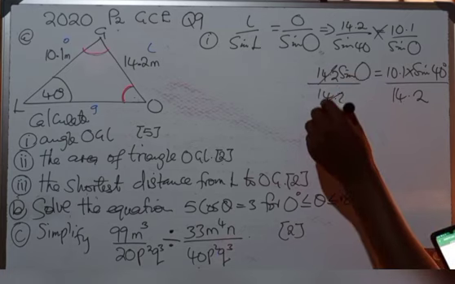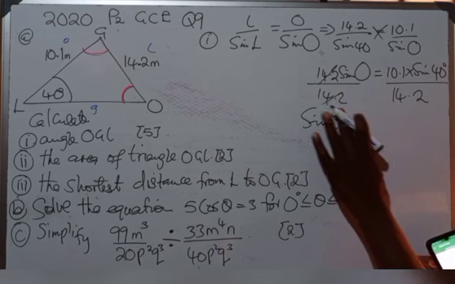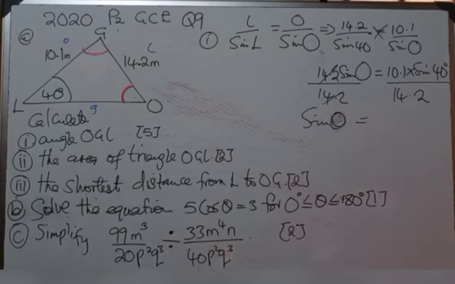So we have sine O is equal to 10.1 multiplied by sine 40, divided by 14.2. What answer do we get for 10.1 multiplied by sine 40?